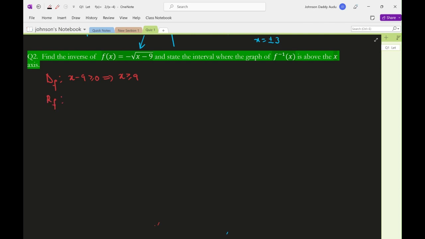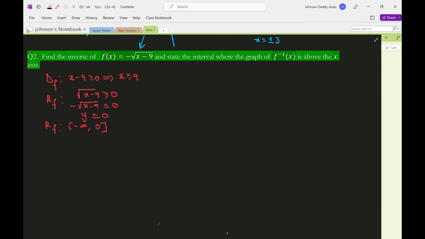To find the range of f, similarly as we did before, we take this even root to be greater than or equal to 0. And if we multiply by minus, this will become less than. So our y is less than or equal to 0. So our range is still minus infinity to 0 closed.